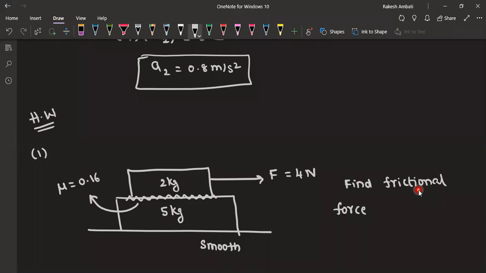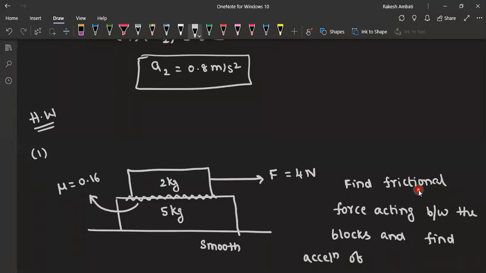Find the frictional force acting between the blocks and find the acceleration of each block. Once mu is given, in the first step you find Fs maximum.